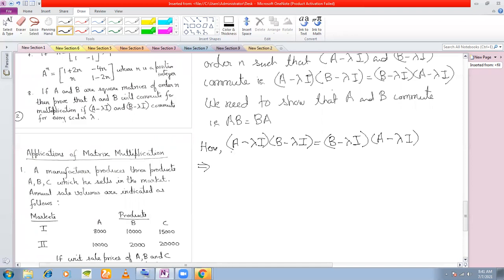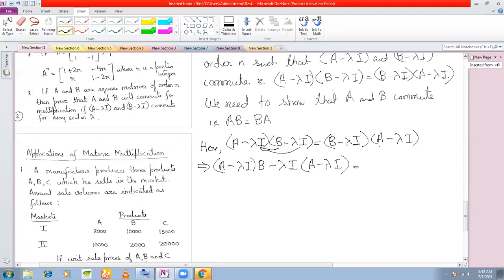You need to multiply because the distributive property holds. So therefore, you can multiply B with this, right? So we have A minus lambda I into B minus lambda I minus lambda I into A minus lambda I, right?